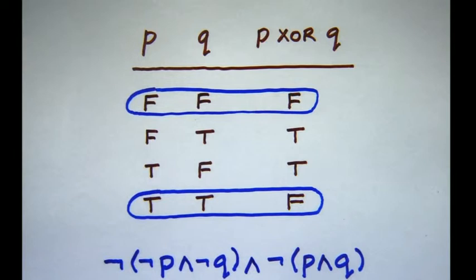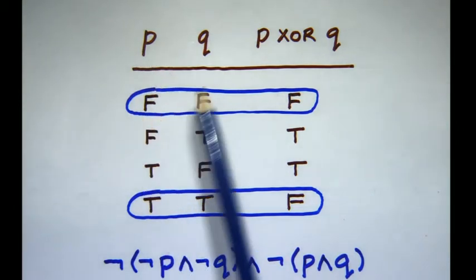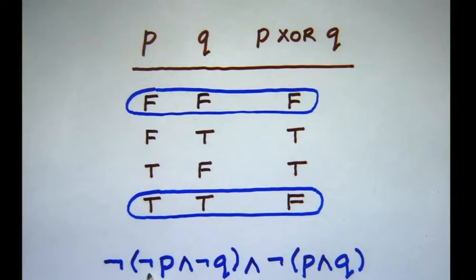This time the whole formula comes out as an AND, and this first bit means somewhat unwieldily that we are not using the first row, and this one means we are not using the last row, and again we describe the rows by just, well, P is not true, Q is not true, right? So this is the first row. P is not true, and Q is not true.